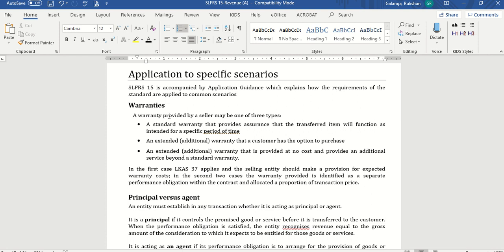warranty, right? Normally we are getting warranties, right? So you can see the standard identifies there are three types of warranties which we can get, or we can give to customers, right? First one, the standard warranty that provides assurance that the transferred item will function as identified for a specified period of time.